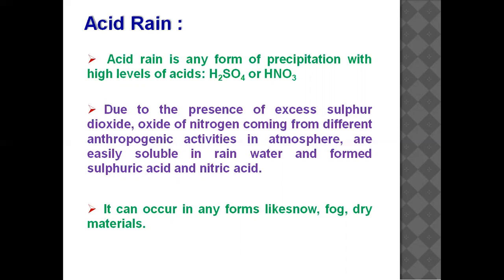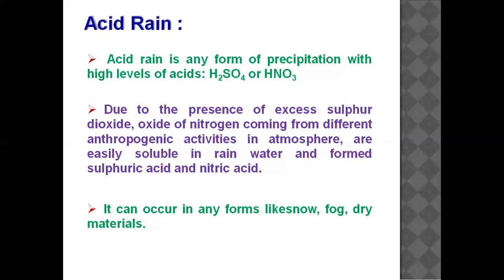Now, it can occur in any form of snow, fog, and even dry materials. It is not confined to rainwater, but can occur in different other ways like snow, fog, and dry material which settles to the earth.